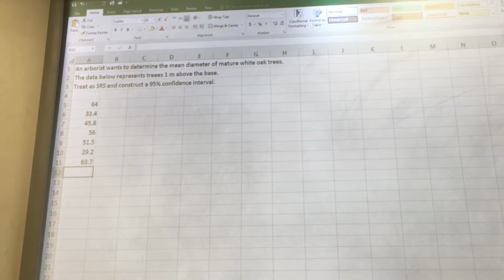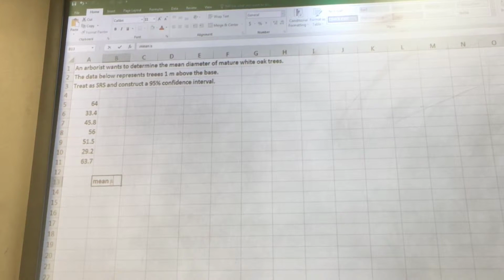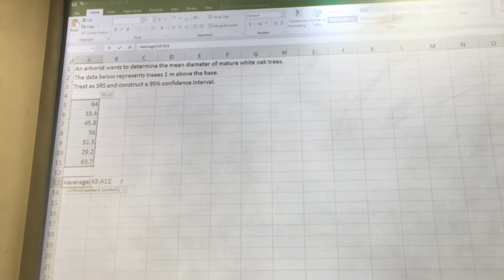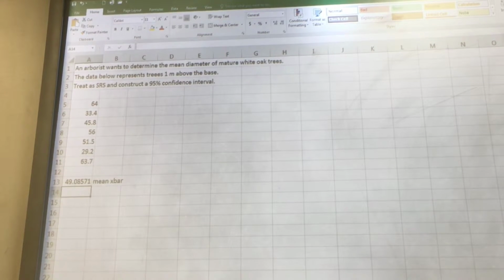What is the first thing you probably think would be a useful thing to figure out? You'd like to figure out your mean, or x bar. Mean x bar. Okay, how do I find my x bar? Average of the data. Okay? All right, what next? Stop. Okay, so the question is, do I know the population standard deviation?